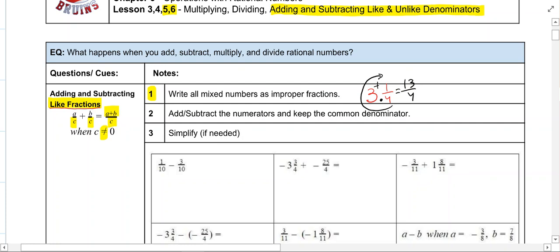Now, there's other ways to think about this. What are we doing here? Well, we're taking 3 whole numbers and adding it to a fourth to make 3 and 1/4. So another way to do this would be, what is a whole number with a denominator of 4? Well, 4 over 4 is a whole number. Plus 4 over 4 plus 4 over 4. So what did I just do here?